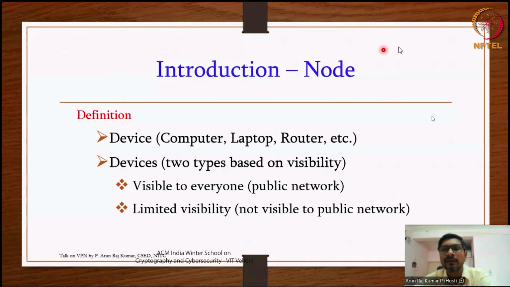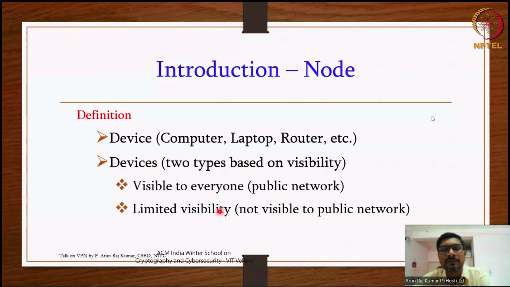The example for the first part, visible to everyone, is all the web servers that we are able to access through a browser, which means they are in the public network. Anyone can access the websites anytime they want. Limited visibility means there are some resources available only within the IT department or only within a particular organization, and outside the organization we are not supposed to access them.